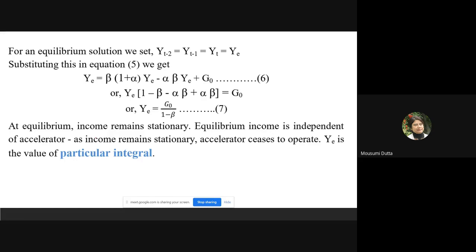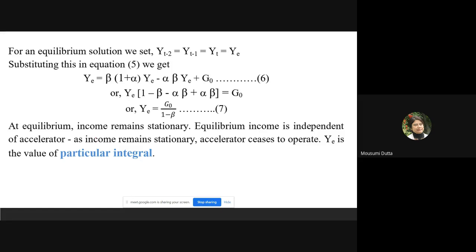Next, we are moving towards the derivation of the time path of Yt. There will be two parts, complementary function and particular integral. First, we try to find out the particular integral. To get this, we derive the equilibrium value of the variable.